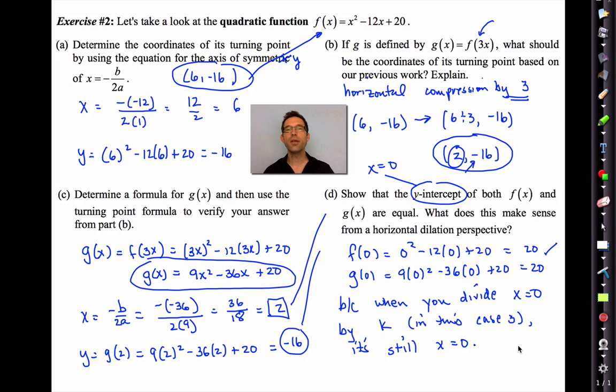Right? So the idea is, if we really wanted to produce a graph of g, we'd take every point on the graph of f, and we'd take its x-coordinate, and we'd divide that x-coordinate by 3, but we wouldn't change the y-coordinate. There's that one point on the graph, though, where x is 0, right? So when x is 0, division by 3 is not going to do anything.